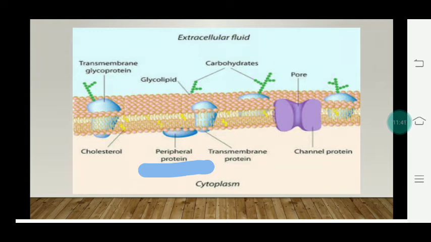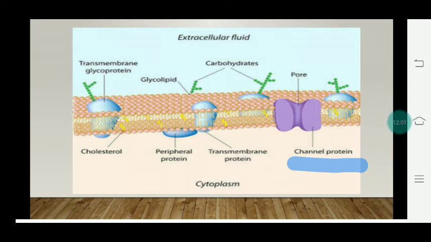Then transmembrane protein, also called internal protein, is embedded throughout the lipid bilayer. Then channel proteins are important for the movement of molecules across the plasma membrane.